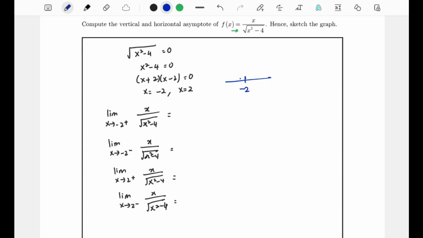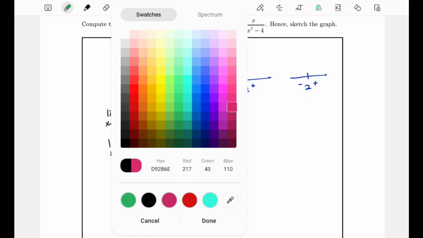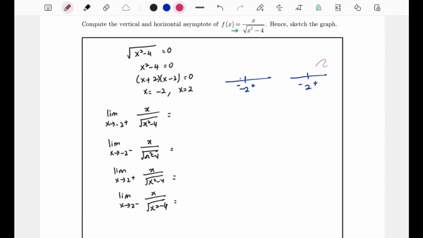So we have here -2 from the right and left, and also 2 from the right and left. 2 from the right is 2.001, 2 from the left is 1.999. -2 from the right is -1.999, -2 from the left is -2.001.